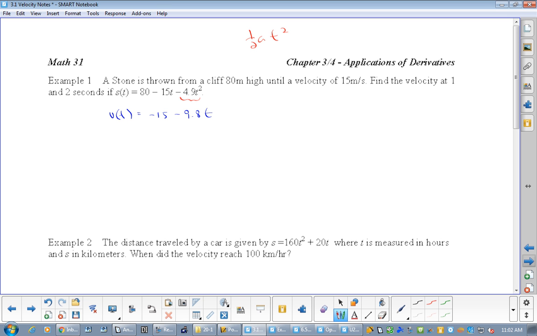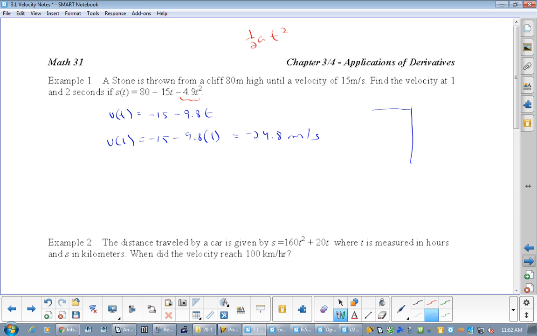Okay, so I want to know the velocity. What's the velocity of this thing at 1 second? Negative 15 minus 9.8 times 1. And you get negative 24.8 meters per second. Now, again, if you're a visual person like me, this is what was going on.